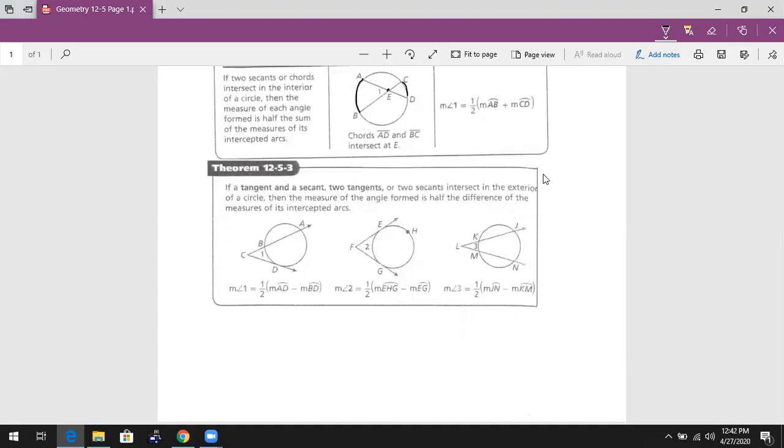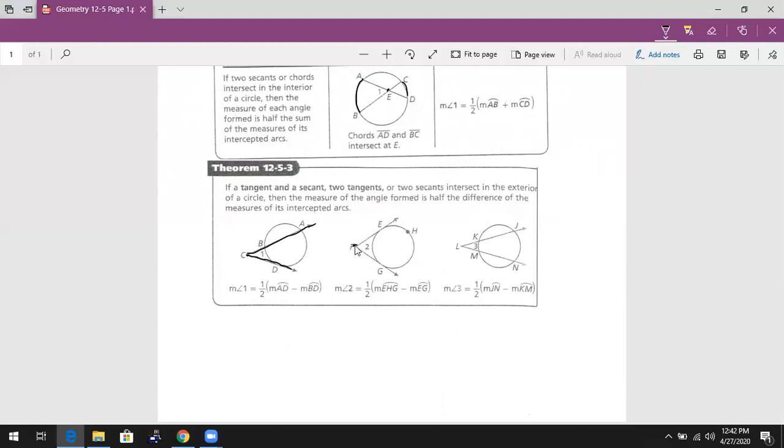And theorem 12.5.3 says if a tangent and a secant, or two tangents, or even two secants intersect in the exterior of a circle, then the measure of the angle formed is half the difference of the measure of its intercepted arcs. So in this case, we've got a tangent, CD, intercepting a secant, CA.